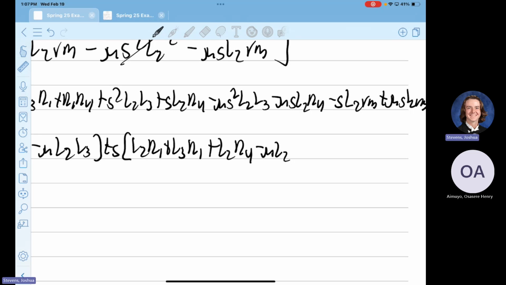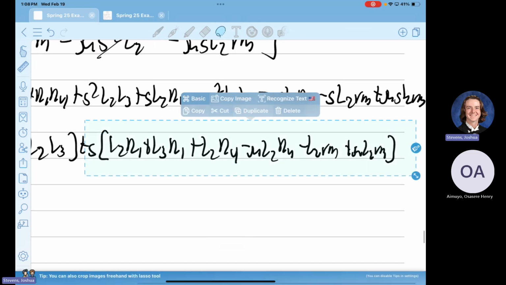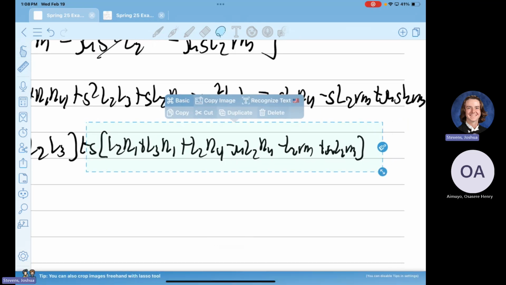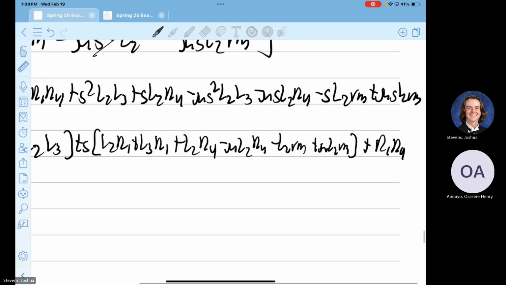Oh, wow. Okay. Minus an L2 RM plus a mu L2 RM. And I'm going to shrink that a little bit, over a little bit. There we go. Yep. That is all being added by R1, R4.